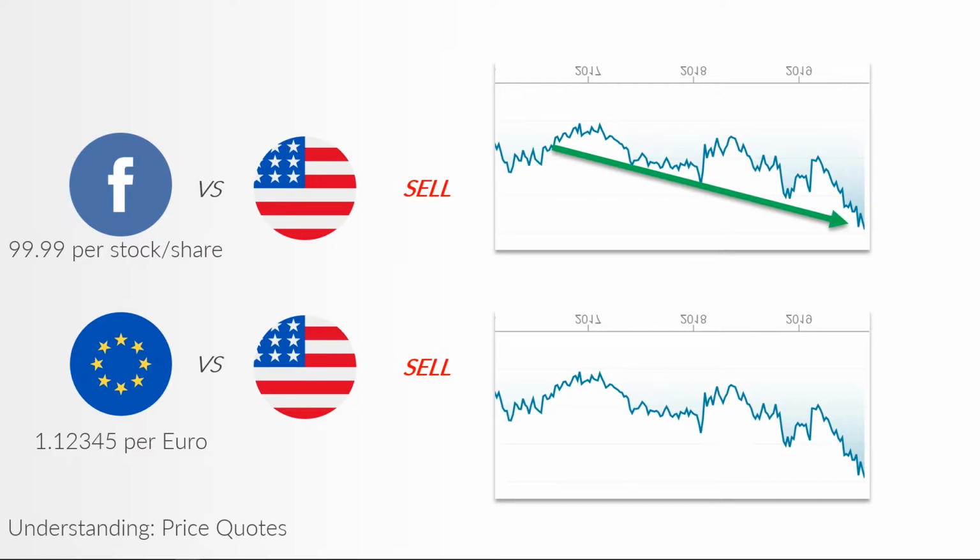But as confusing as it may sound, the process of short selling is as simple as, instead of buying first and selling later, or buying low and selling high, you're simply selling high first with the view that you're going to buy it back later at a lower price, and therefore profit from the difference between your entry and your exit values in the exact same way, simply in reverse.